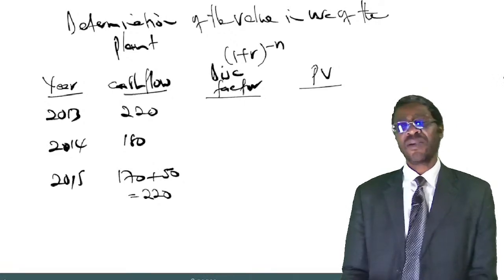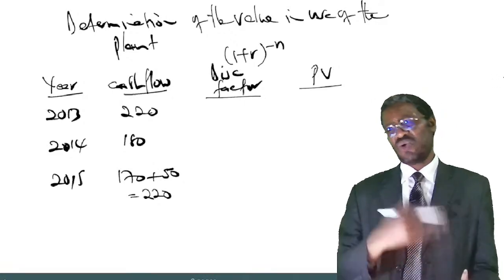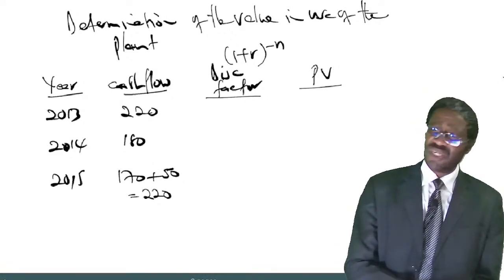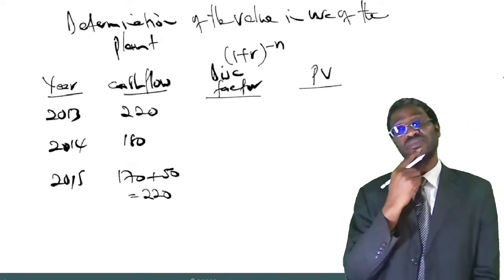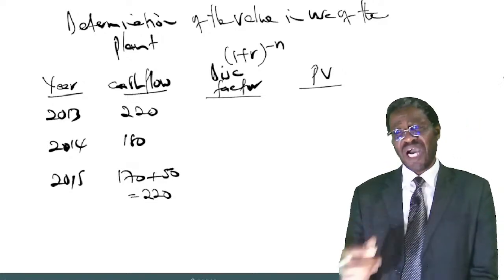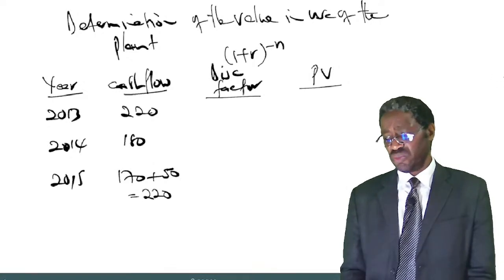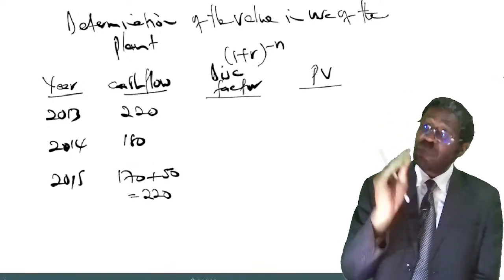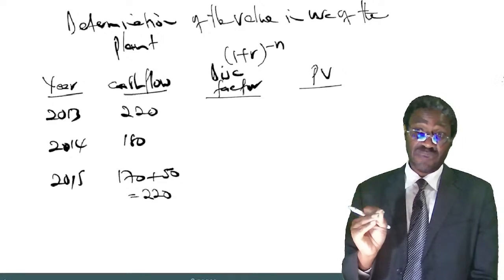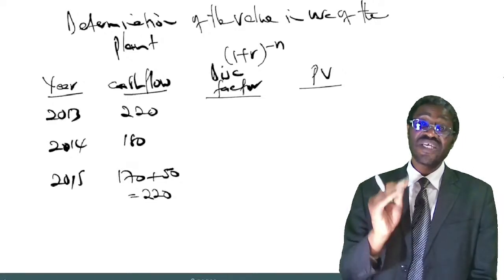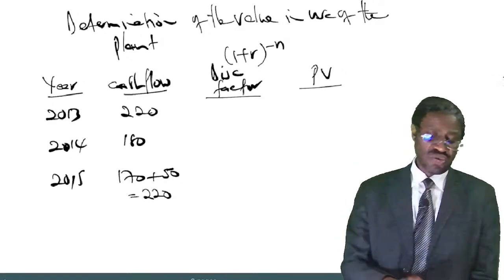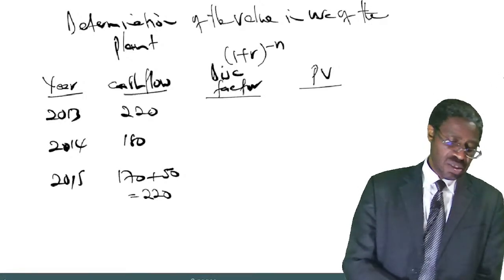Maybe I can test one, because I've already been given the factors. I don't need to calculate, but let us test one. We are told our r is 10% in the question. So if I take 1 plus r being 10%, it means we are taking 1.1 to the power of negative 1.